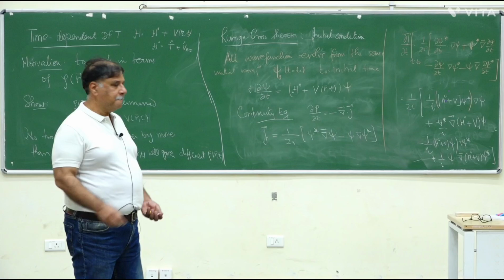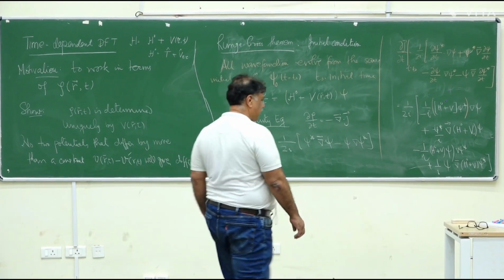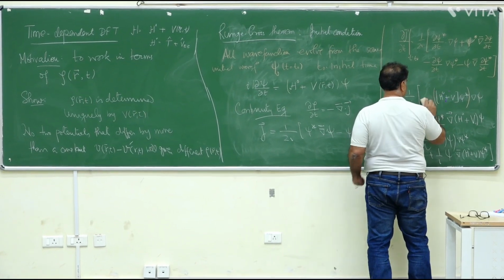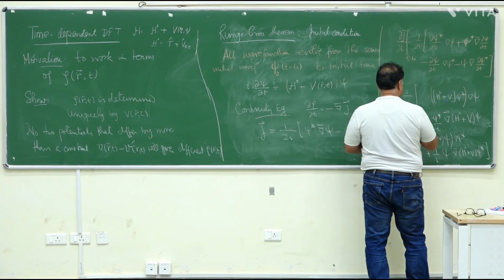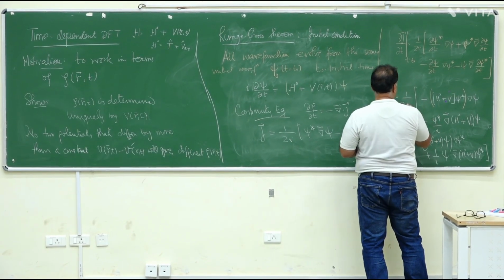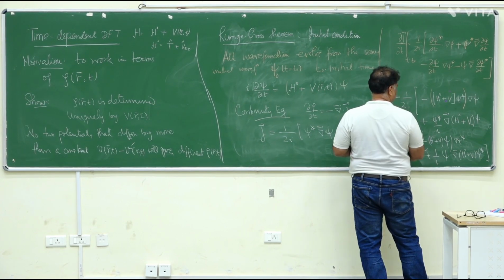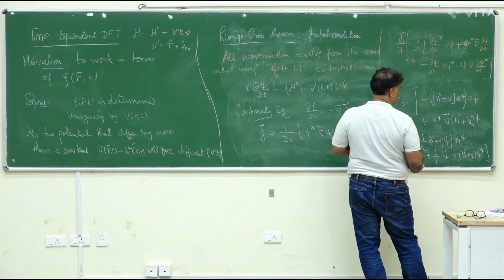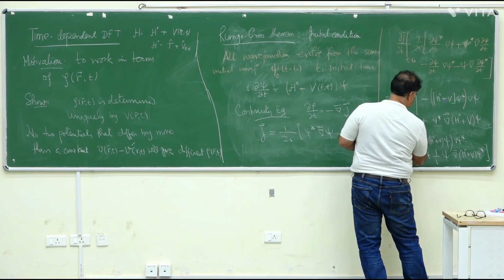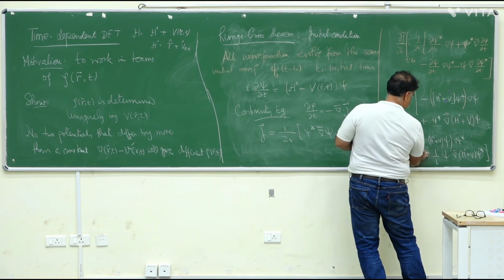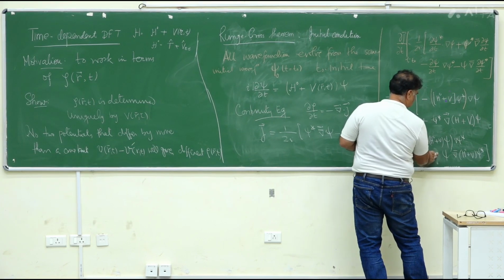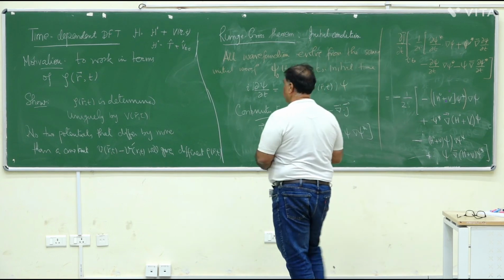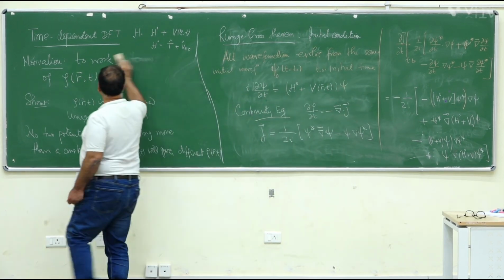Are you with me on this? Okay. Now this I can take out. It's easy, so let's put a minus sign here, and this will become minus a half. I can take out, just put a minus sign, and then plus I can take out.